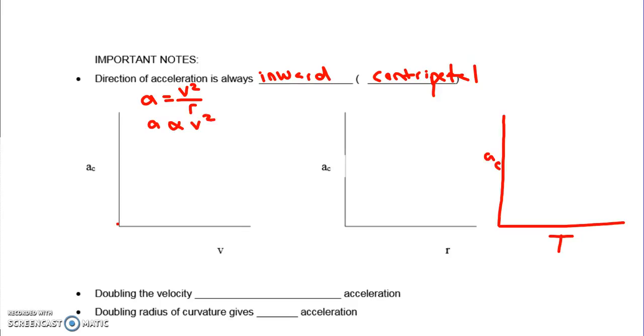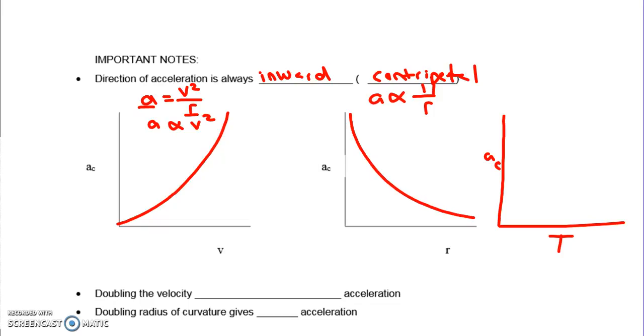So that's going to be a squared relationship, a quadratic. Same equation, and if I'm looking at how A is related to R, if I get rid of V and change the equals to a proportion sign, A is proportional to 1 over R, so that is an inverse graph.